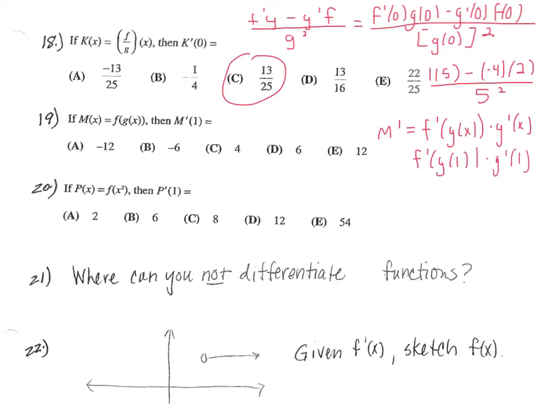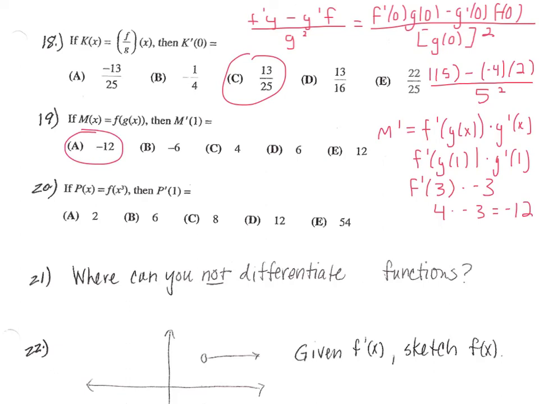And we'll have to go back to the table to look at these values. G of 1 is 3, so we'll have to find f prime of 3. And g prime of 1 is negative 3. And f prime of 3 is 4. So we have 4 times negative 3, which is negative 12. So we have choice A.